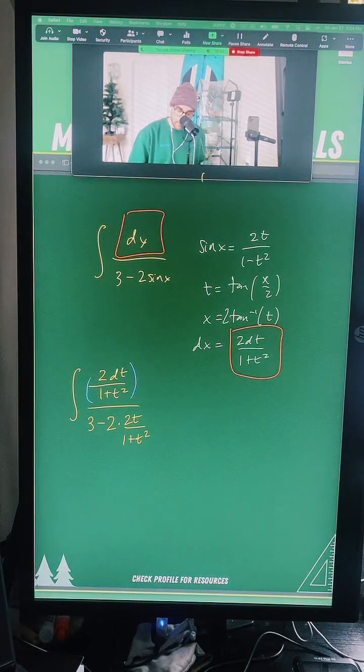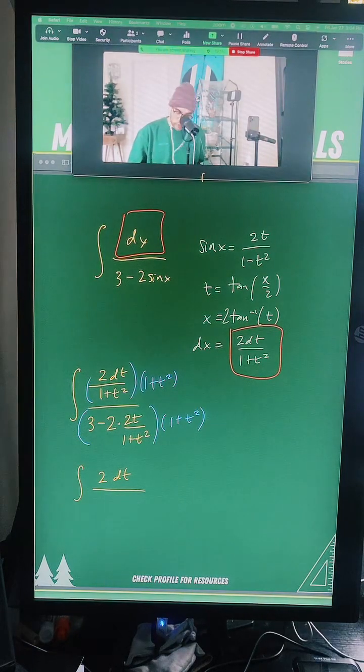Okay, so now, once again, we want to get rid of these denominators. So we're going to multiply both the top and the bottom by 1 plus t squared. All right, so let's talk about what's going to happen here. On the top, this is going to be 2 dt over, and on the bottom, we just have to be careful here.